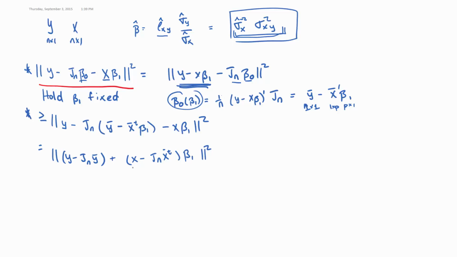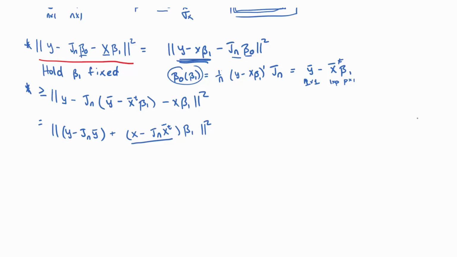Let me double check: x is n by p, jn is n by 1, x bar transpose is 1 by p, so this quantity will be n by p. What you can double check is that this quantity is simply the centered version of the columns of x, which we did in an earlier lecture when we talked about centering. So we could write this as y tilde, the centered version of y, minus x tilde, the centered version of x, times beta 1.